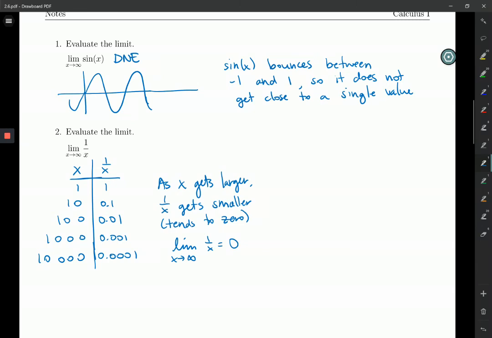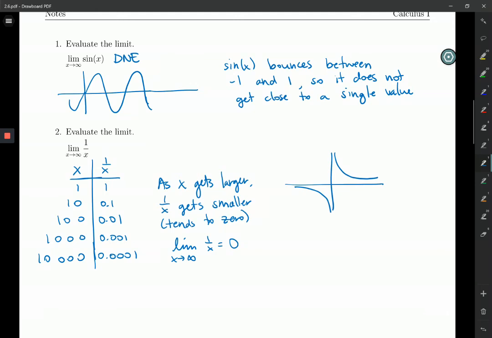But one way of verifying that this is actually true is by looking at the graph, so that you just didn't pick points that made it seem like this function was approaching a value that it wasn't. And we can always graph it. 1 over x looks like this, right?